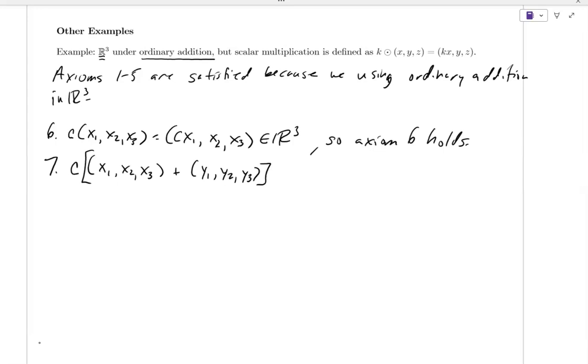We already proved that they hold because it's ordinary addition. We didn't change the addition to be something weird, so I didn't need to bother checking it. We did that back in section 4.1, right? Because when we had all those 10 properties that we wrote down in 4.1, we know that axioms 1 through 5 hold in the Euclidean spaces. We already know that.